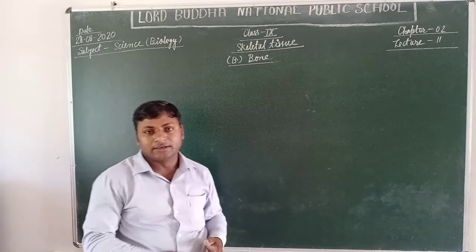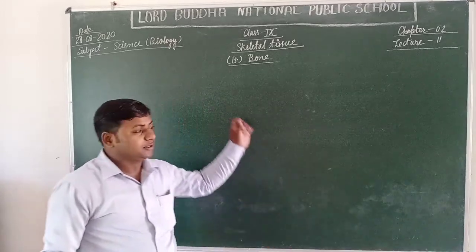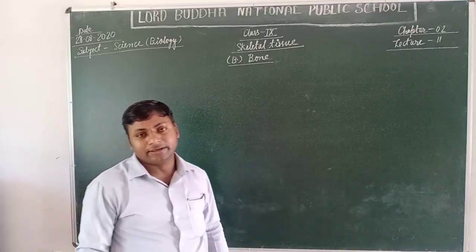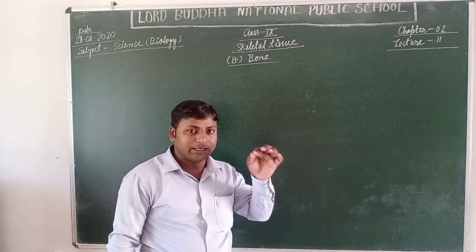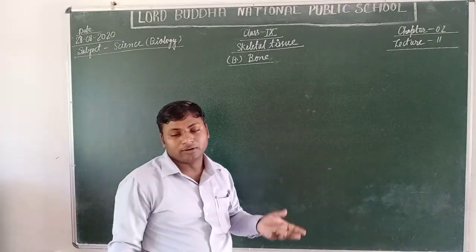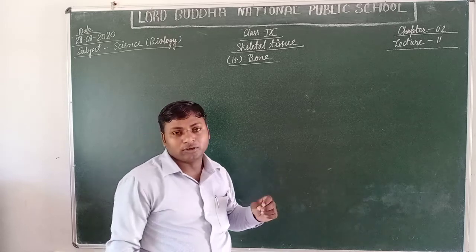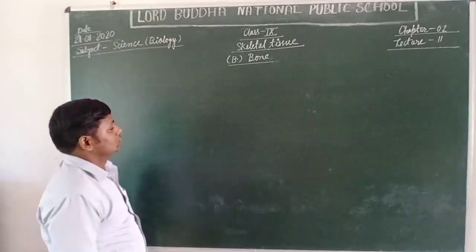Students, bones are somewhat rigid and hard structures because their matrix contains about 60 to 70% calcium phosphate and some amount of calcium sulfate also.